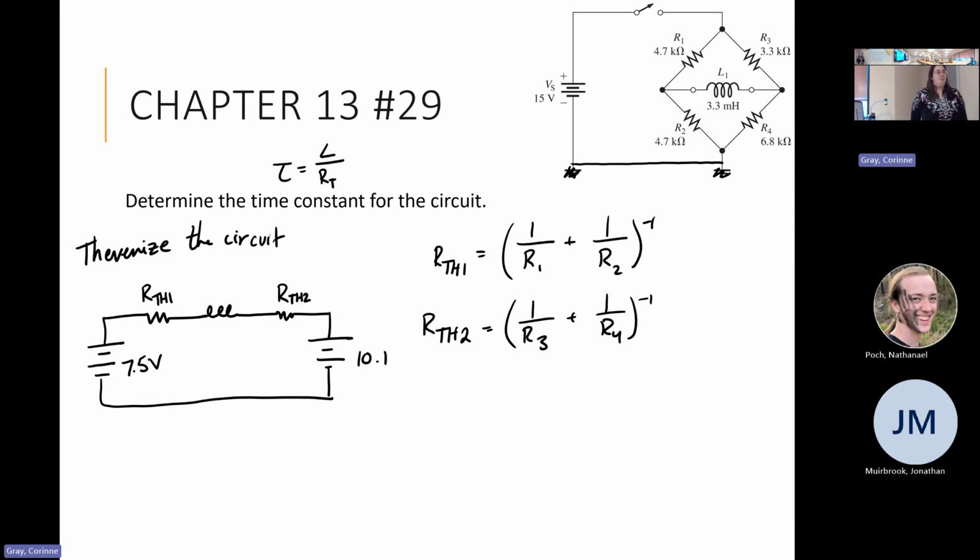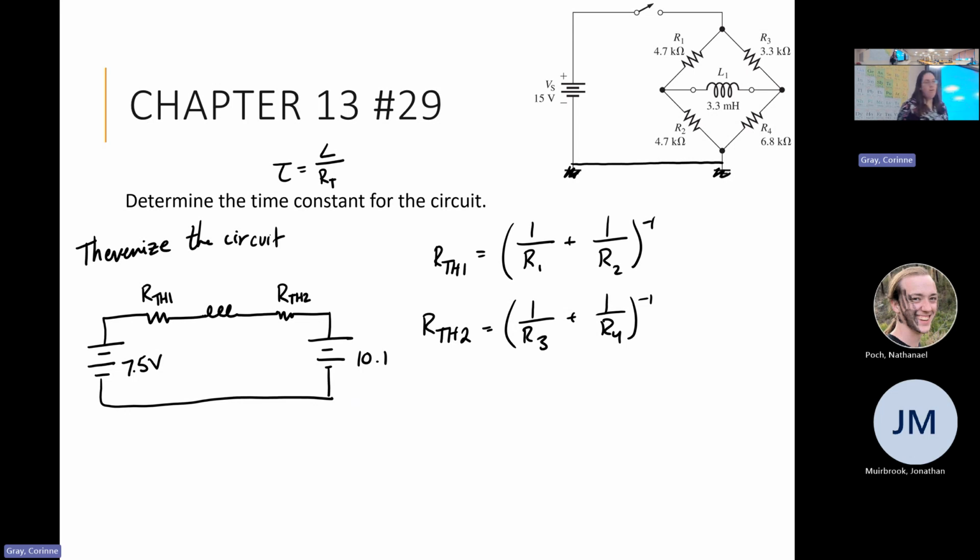And then once you have them like this, the way that you would treat it, even though there's an inductor in here, is you'd say, well, if enough time has passed, this is a short. And if it's a short, what are these two resistors in?